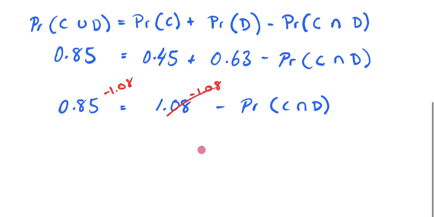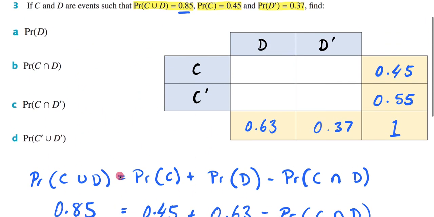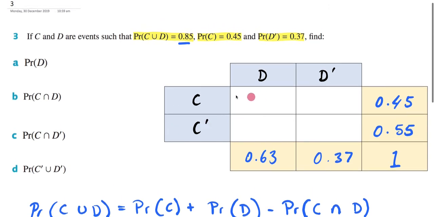And what I'll be left with is now negative 0.23 equals minus the probability of C intersection D. I would then divide both sides by -1, and these negatives will go away. So I'm left with the probability of C intersection D being 0.23. Now I come up here and I know that the intersection of C and D will be here. So I can write 0.23 here.